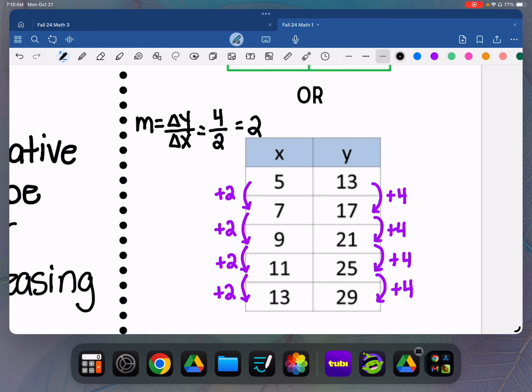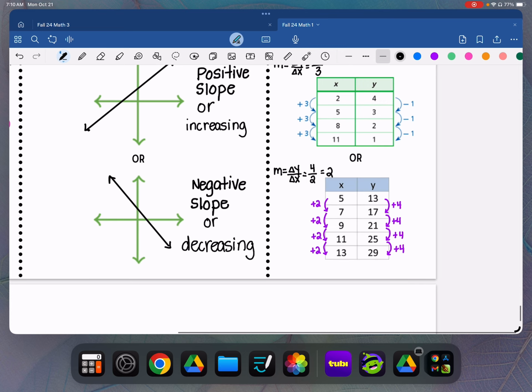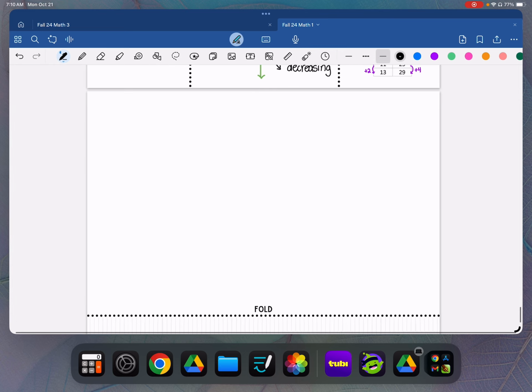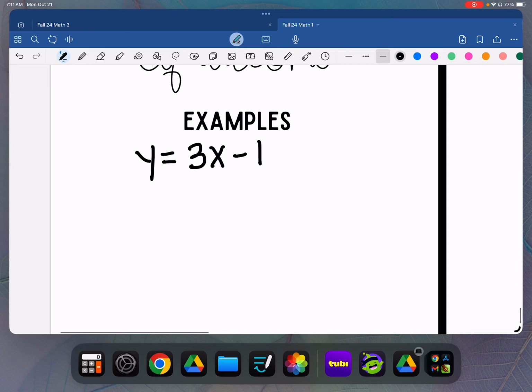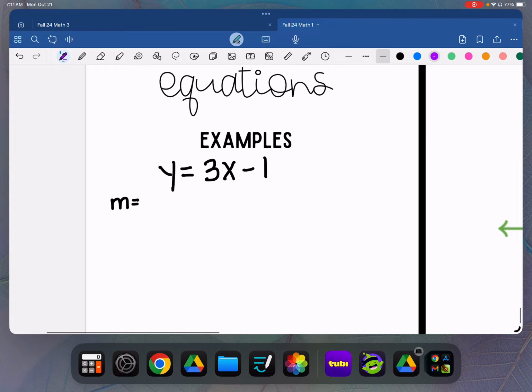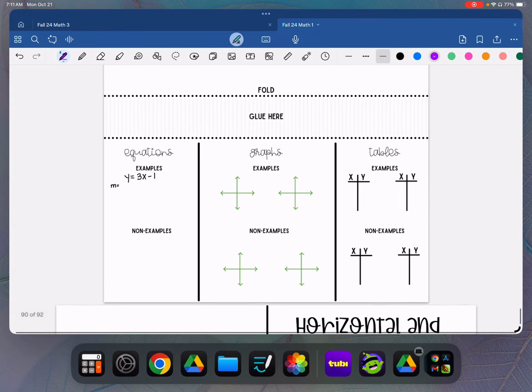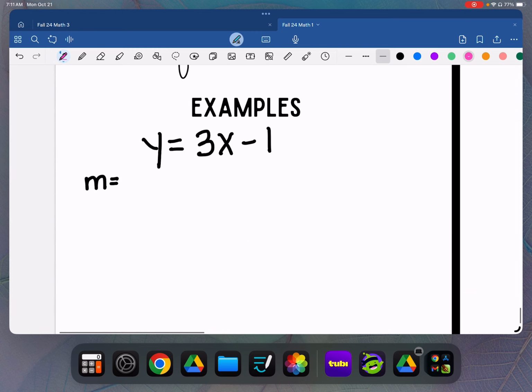Now we're going to look at some examples and some non-examples. If I have an equation in slope-intercept form, y equals mx plus b, say 3x minus 1, and I ask you to identify the slope, let me color code this. My slope for this example is 3. The number being multiplied with the x is always the slope. That's the repeating value.